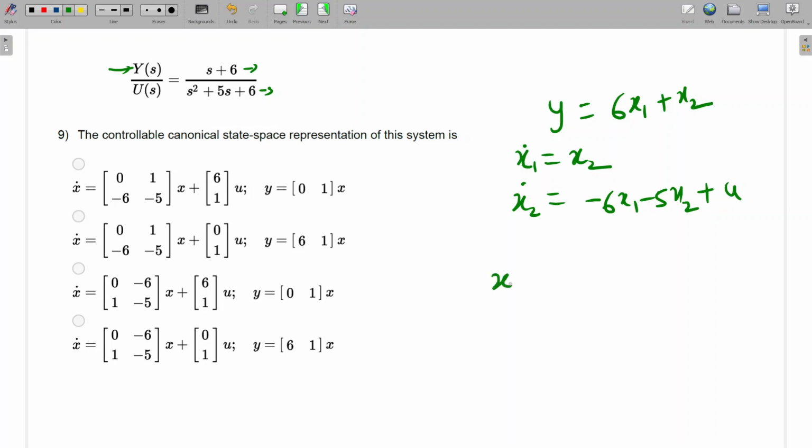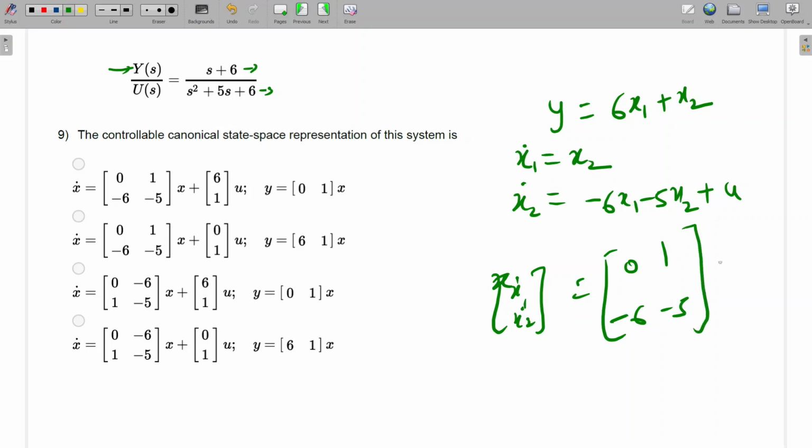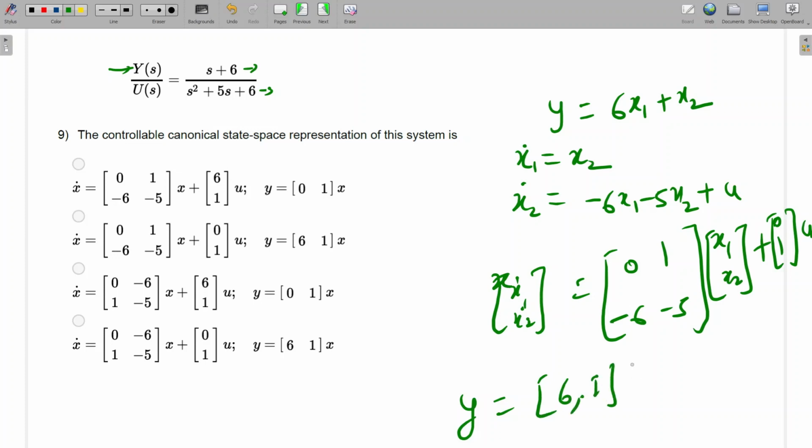So A will be 0 1, minus 6 minus 5, B will be 0 1, and y will be 6 1 times x1 x2.